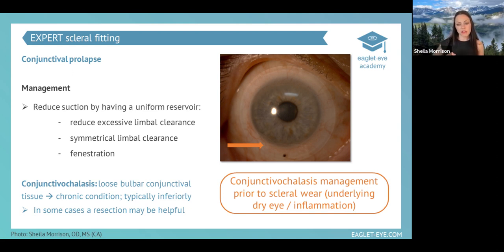What I actually did with this patient was shift that inferior zone up. This is a free-form lens that gives us the ability to do that, data-driven, of course, using scans from the ESP. Relative to a lens that goes down, where we have a big belly pulling up that tissue, in our next lens we can actually shift it all up so that the limbus is not quite so droopy and baggy down there.